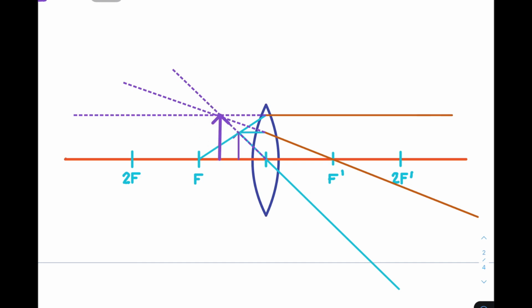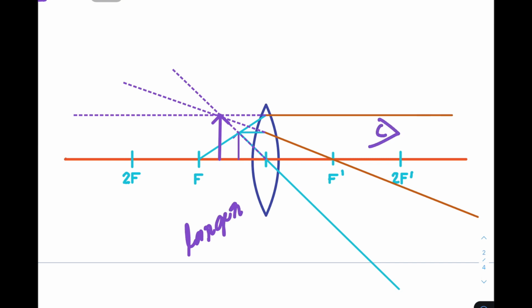Now, notice the changes in the image. Here the original object is much smaller compared to the image when it is viewed from the other side of the lens. So the image is larger than the actual object.